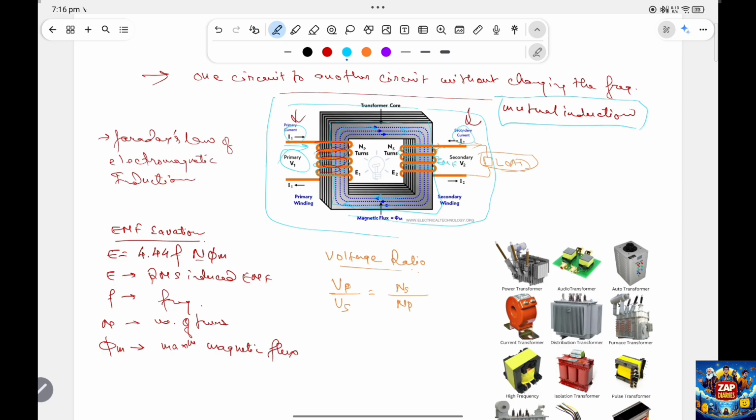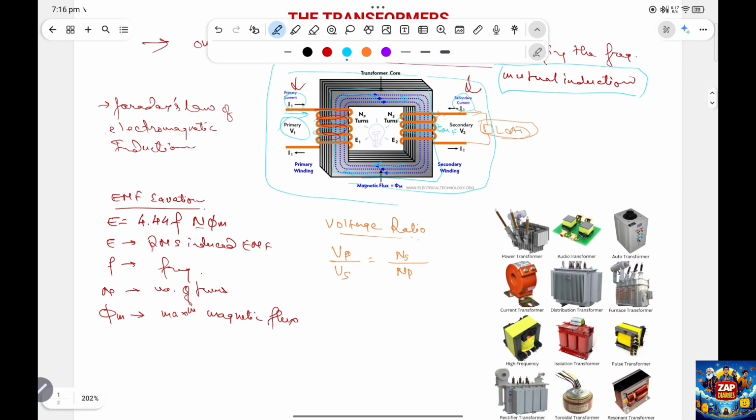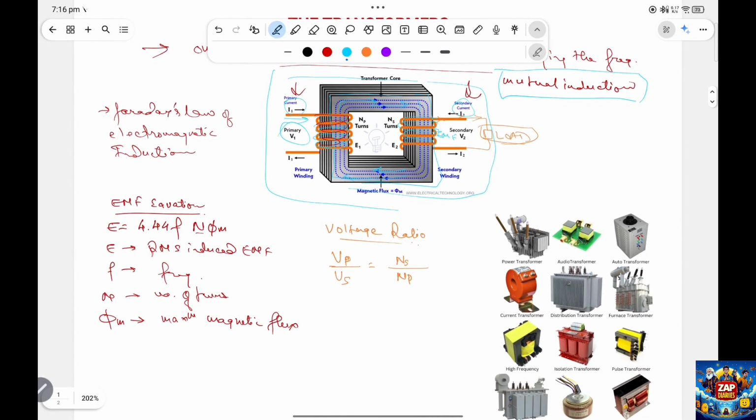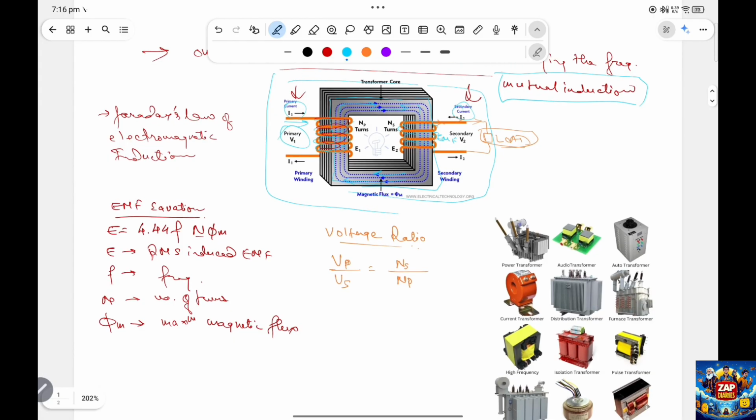Also we can find it in our neighborhood lanes, where you see power transformers or distribution transformers. So it's really common and it has a vast application.